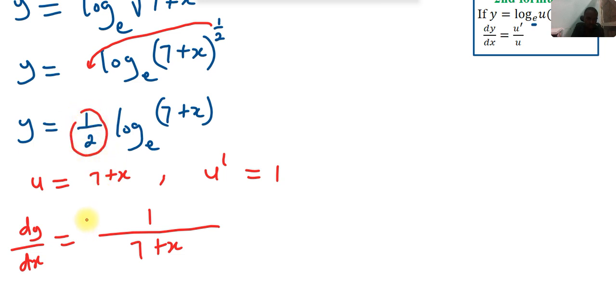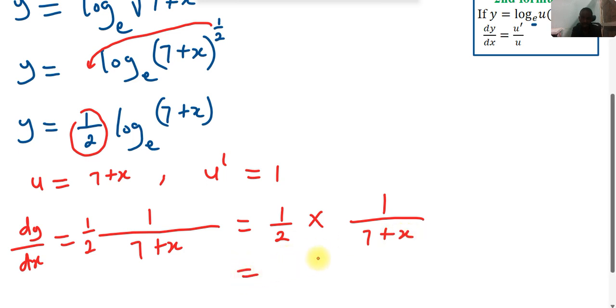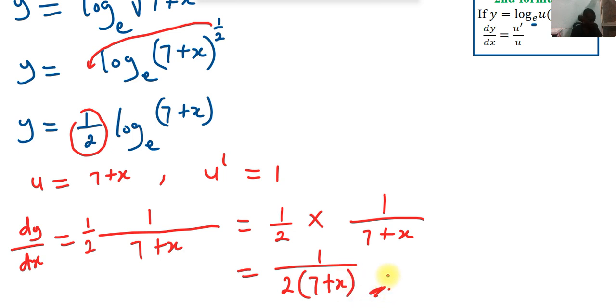So we multiply the whole thing by half. So we are going to have 1 over 2 multiplied by 1 over 7 plus x. So you can express it as 1 over 2 times (7 plus x). So this is our final answer for the fourth question.